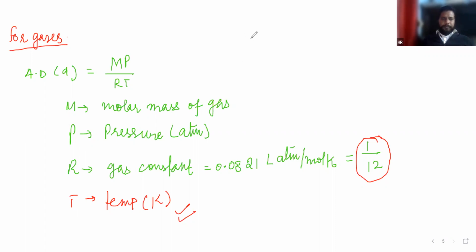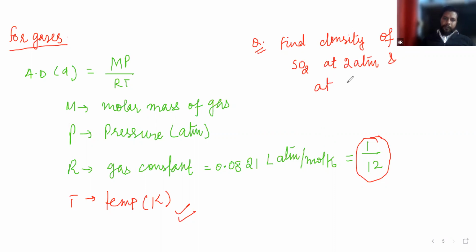Just solve it. Find the density of SO2 at 2 atm and at 480 Kelvin.